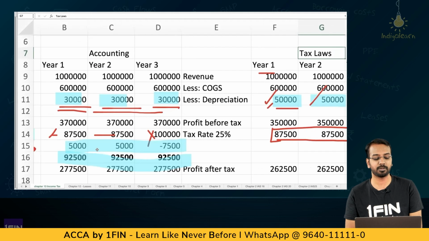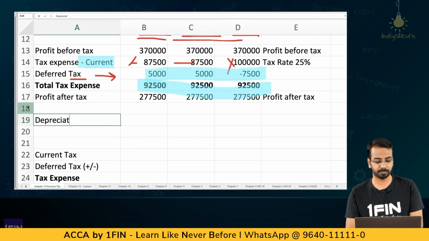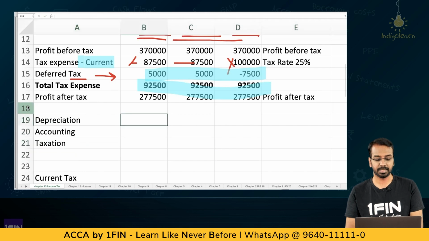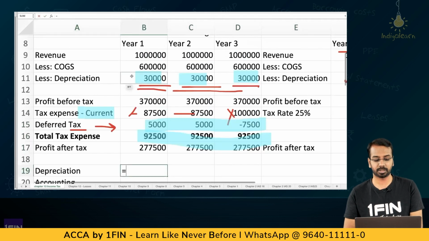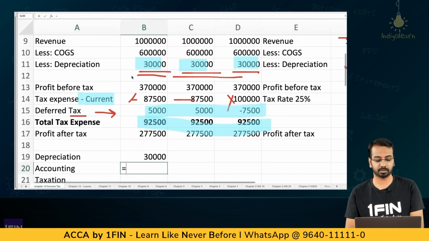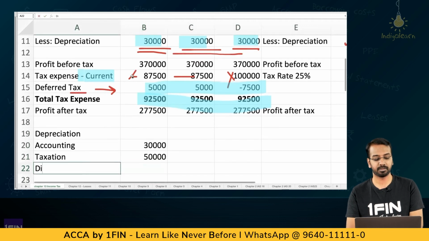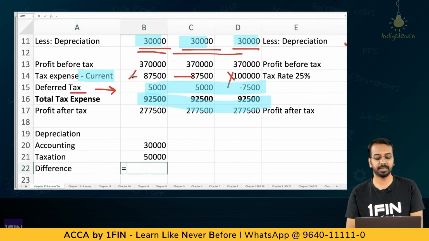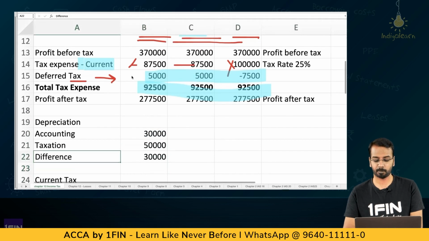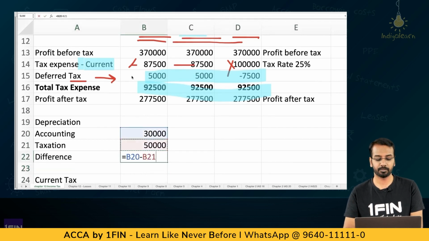So how did we estimate? Depreciation: accounting depreciation was 30,000. Tax depreciation is 50,000. Difference is 30 minus 50, which is 20.